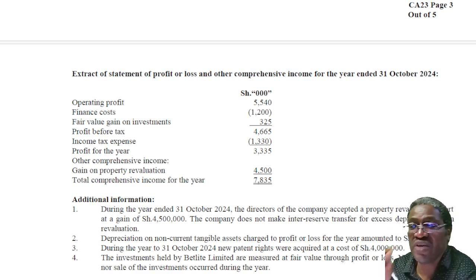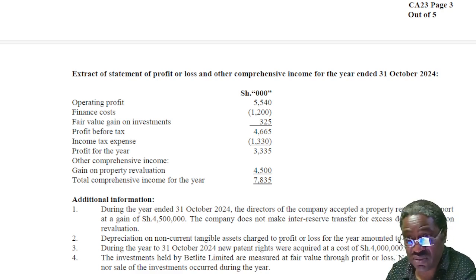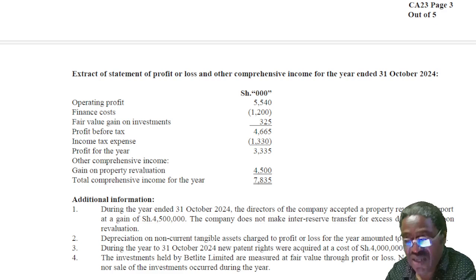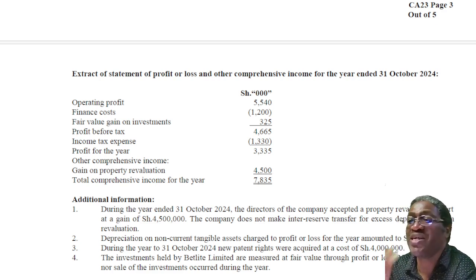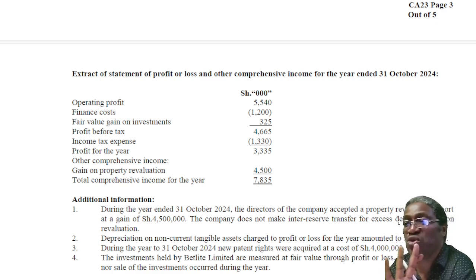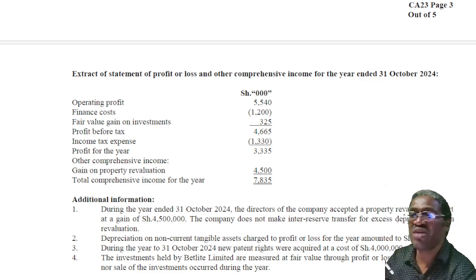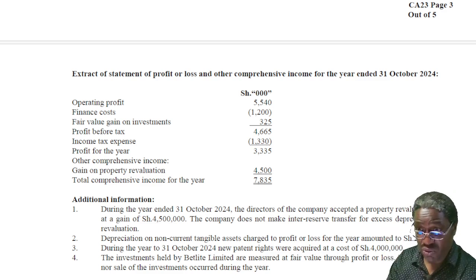You all know dividend is an appropriation of profit. So if you are given from the question that this was the profit for the year, and this is how it was appropriated, and among the items appropriated out of it is dividends paid, then you don't need to analyze the account called retained earnings. Why? Because you have already been given what you normally look for.